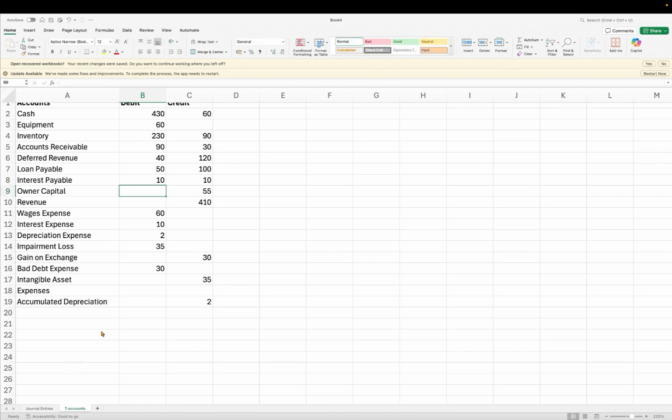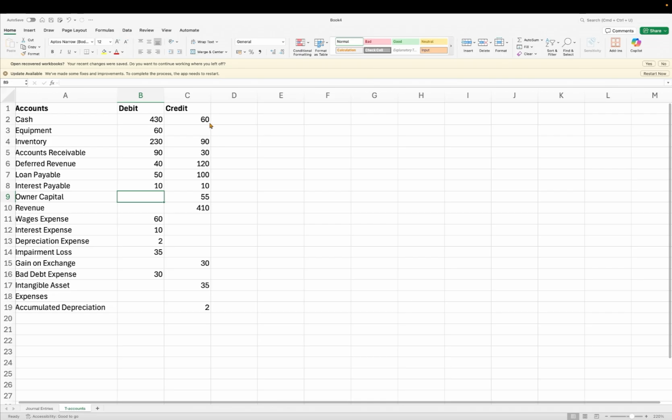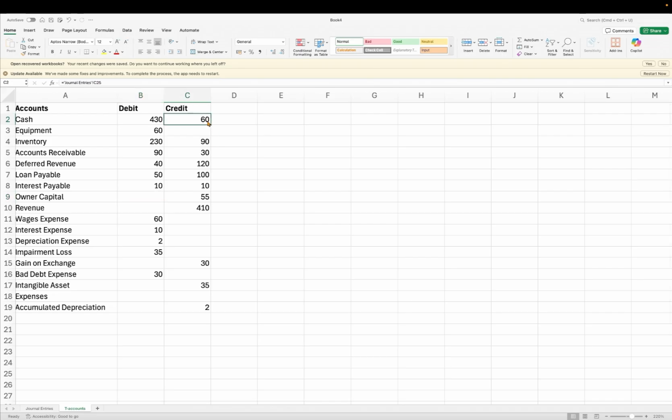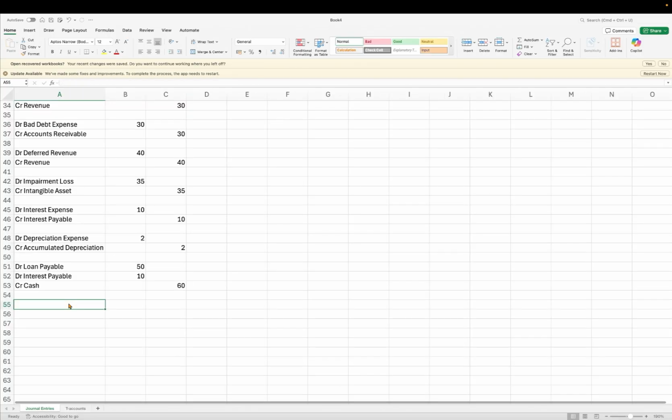And we have credit for cash, right? 60 plus, making it 120. Finally, the company pays Sneak's salary.